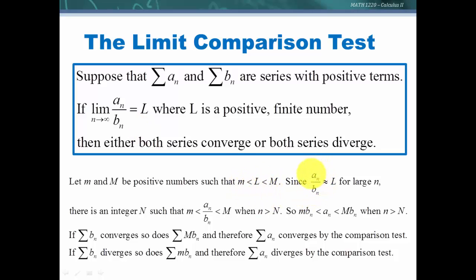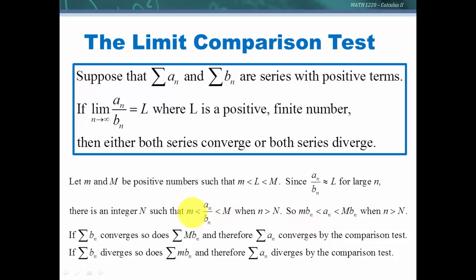Since a sub n over b sub n is almost L for n large, because it approaches L as n becomes large, there would be an integer capital N such that if we were past capital N, we could get within however close we need to of L. And so the ratio a sub n over b sub n will always be greater than little m and less than big M if our n is greater than capital N.